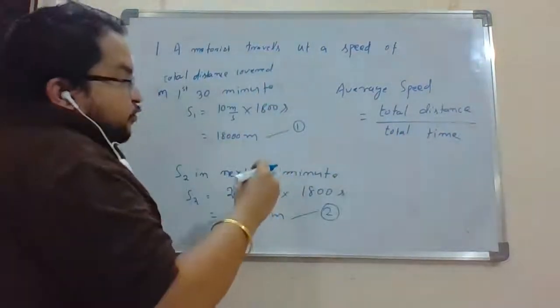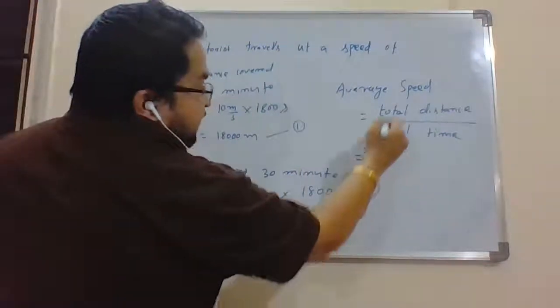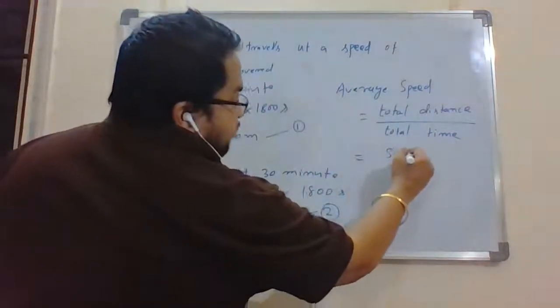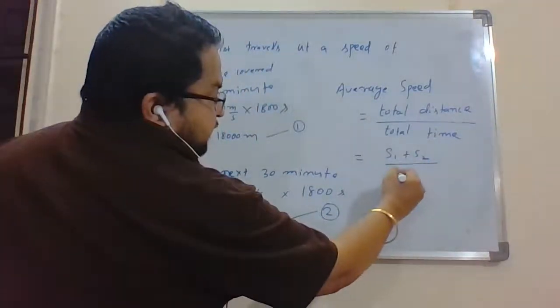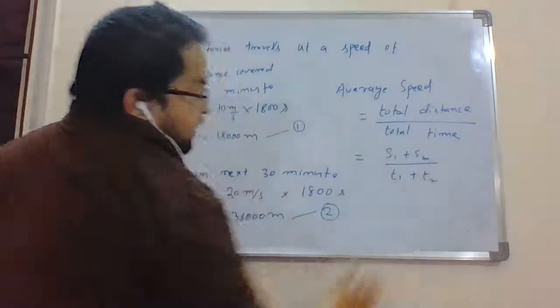So in this scenario, what is the total distance? S1 plus S2. What is the time? First 30 minutes and second 30 minutes.